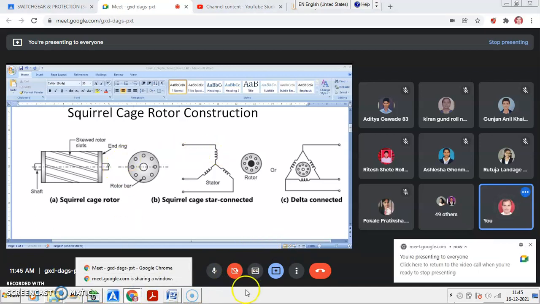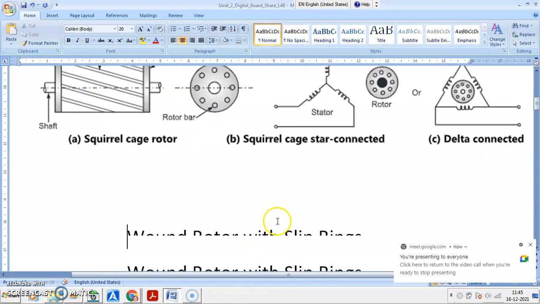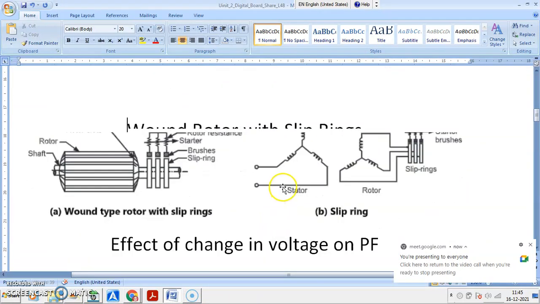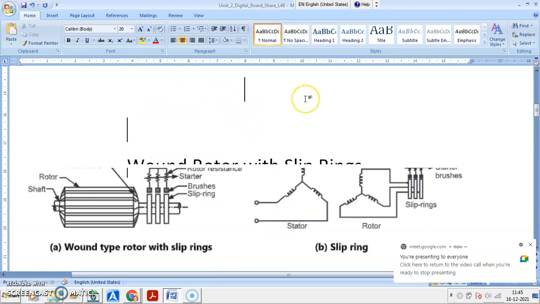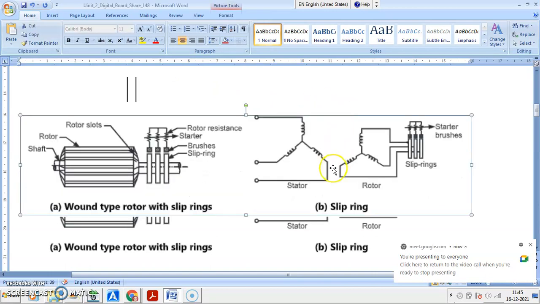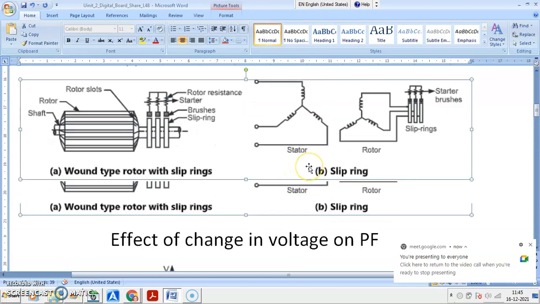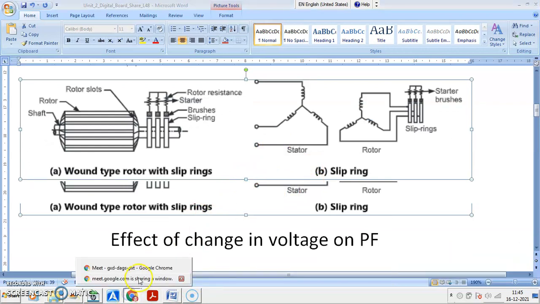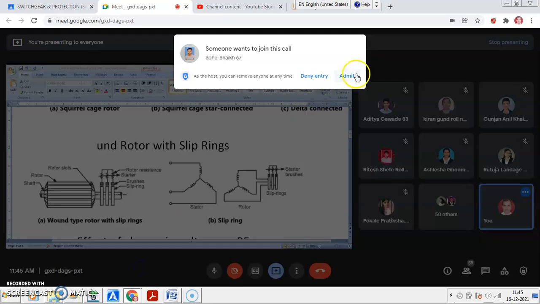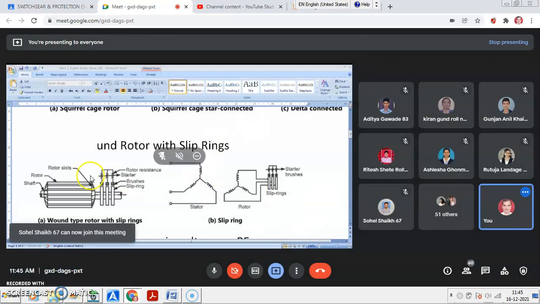Then you are having another construction that we call as a wound rotor, or slip ring rotor. This is wound rotor.